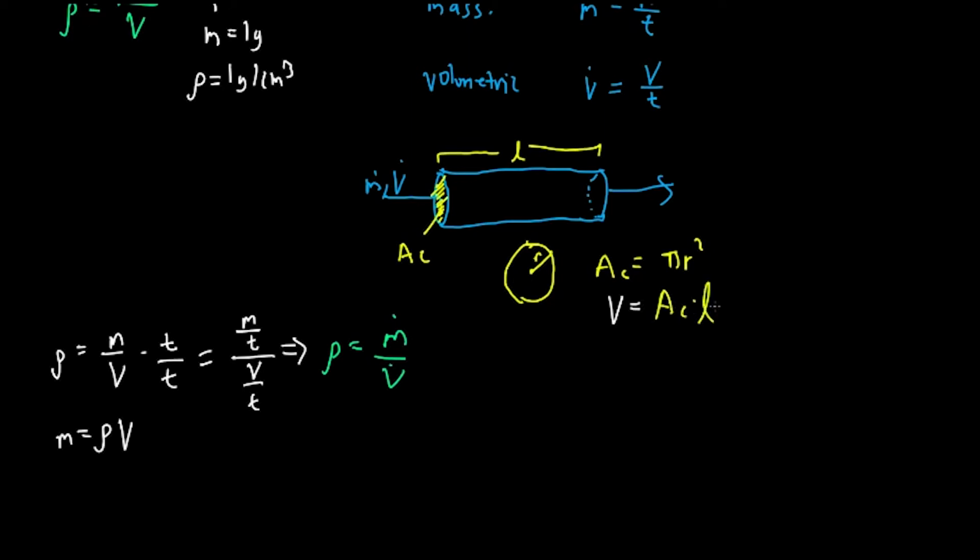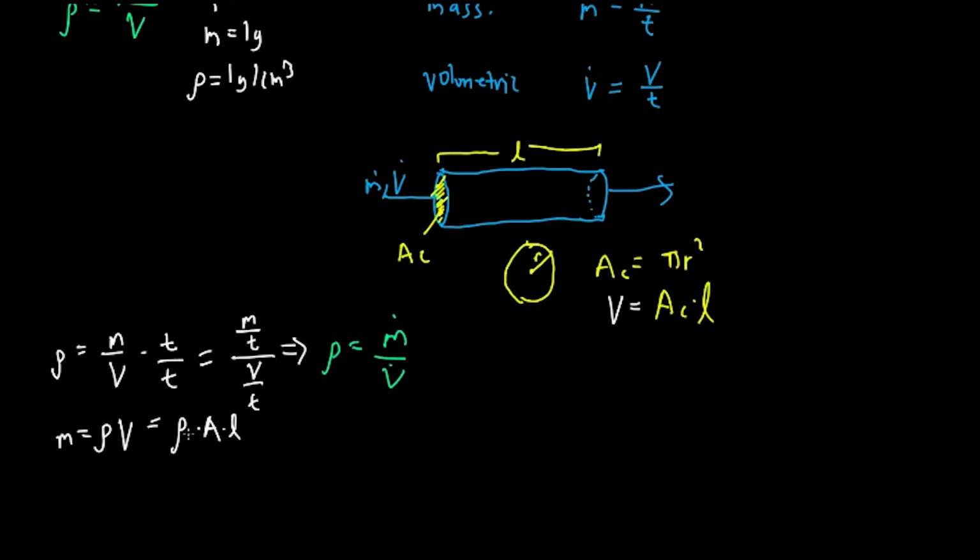That's the volume of a cylinder. This can be applied to the volume of a cube or any other simple geometric shape. So if mass is density times volume, then that is going to be density times the cross-sectional area times length. Rho A times L. Okay, cool.